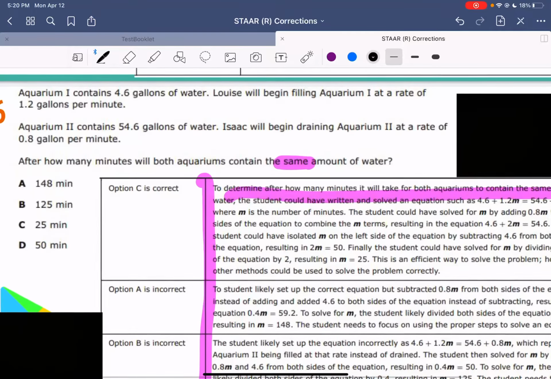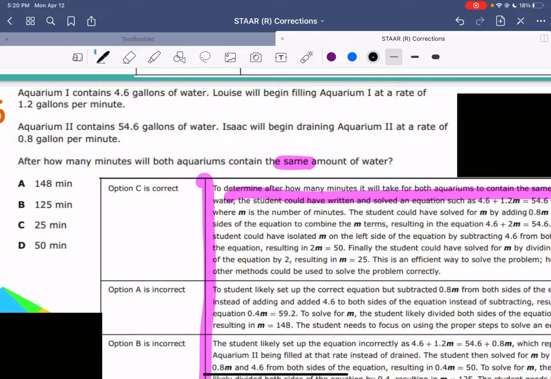Aquarium 1 has 4.6 gallons in it. That's just a flat amount. And it's being filled, so that's an addition, plus 1.2 gallons per minute. So it's not just 1.2 gallons, but 1.2 gallons per minute. I can use an M for minutes.